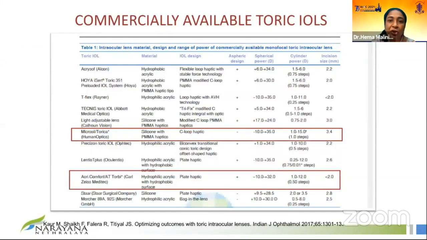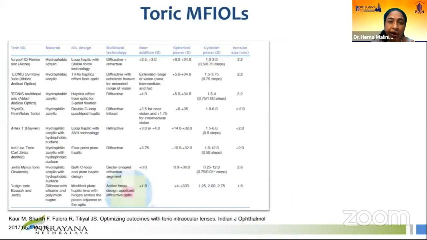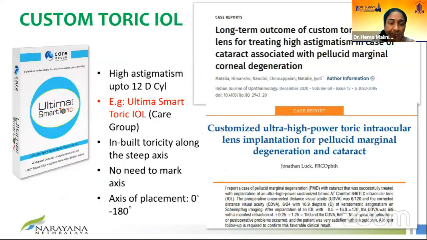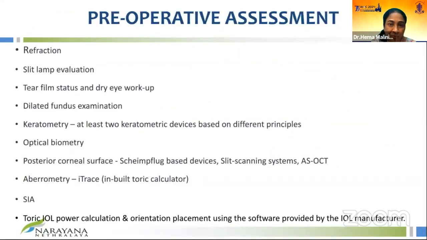These are some of the commercially available toric IOLs. And also toric multifocals can be considered for those category of patients who desire near uncorrected vision, but in mild keratoconus and regular astigmatism. There are several customized toric IOLs available, for example the Ultima Smart Toric IOL, which can correct up to 12 diopters of cylinders.